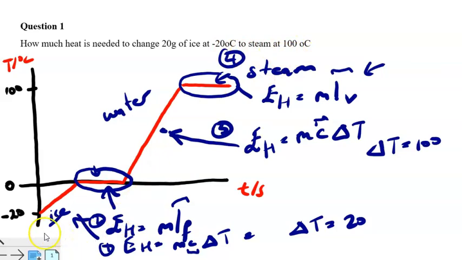So if we imagine it, we're going to have ice, it's going to melt, and whenever you have a change in temperature scenario, we use this equation. That's why I put it here. This is the change in temperature equation. Bam. Next part happening, we are having a change in state. It's moving from a solid to a liquid. Therefore, we're going to use latent heat of fusion.